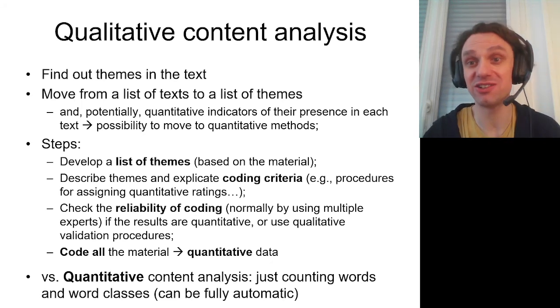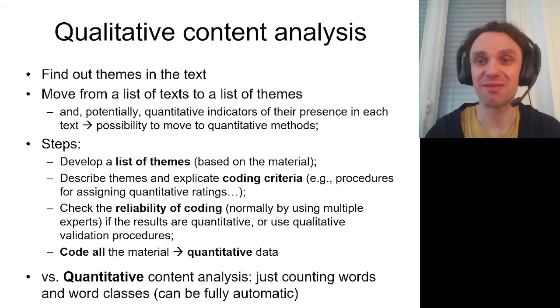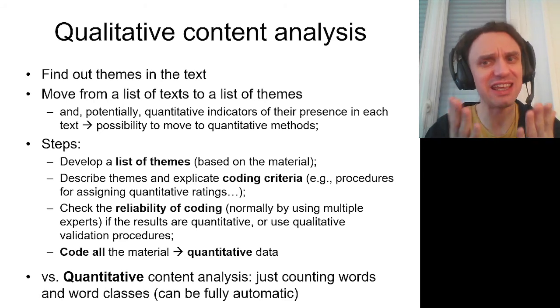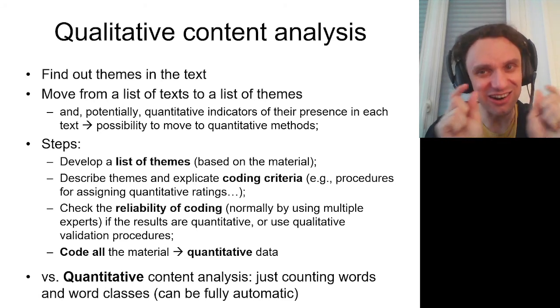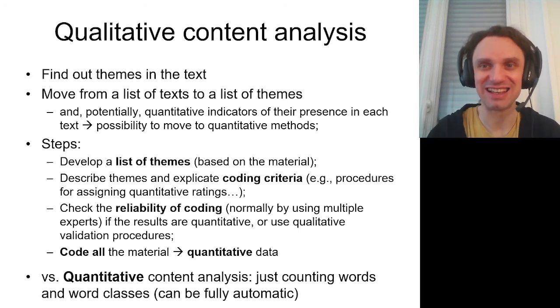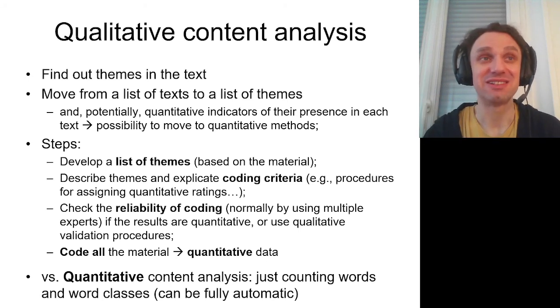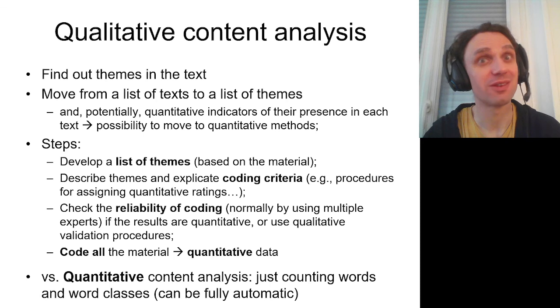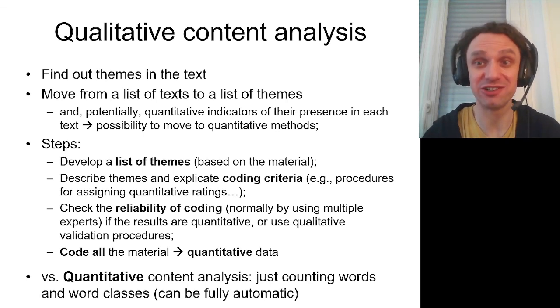Another approach could be to use several experts. Maybe it's very hard to explicate exactly what the criteria are for a specific rating. For example, in one study by Peter Ebersol, he asked his participants to describe a situation when they experienced meaning in life.